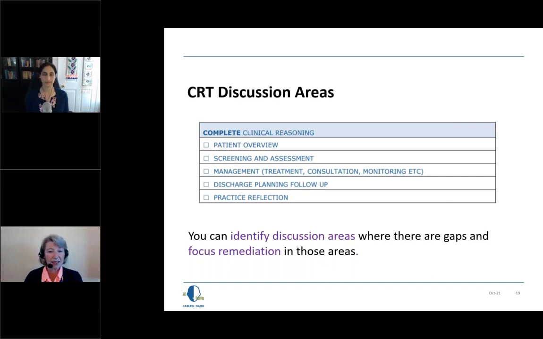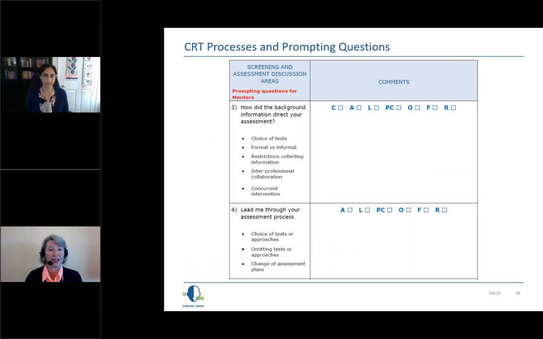So again, you might notice there are some gaps in one or more of these areas. Maybe they can screen or assess really well, but maybe they're falling down in the treatment, setting up goals, intervention area. So let's zoom in a bit on what the clinical reasoning tool looks like.